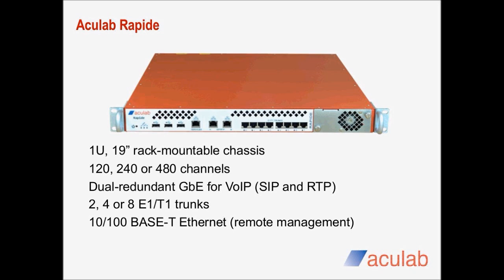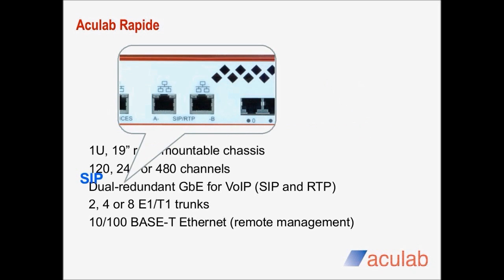So in terms of communication, there are a couple of SIP ports on the box for SIP traffic. So that's the SIP signaling and RTP. Then we also provide up to 8 E1 or T1 interfaces.